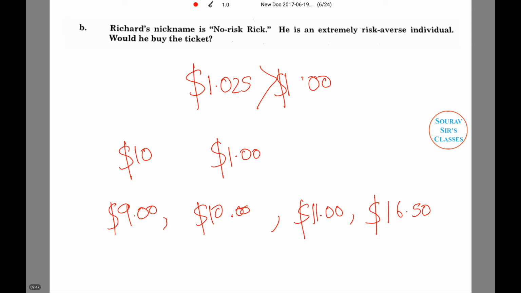Let's assume a utility function u equals W to the power 0.5, where W is his wealth.